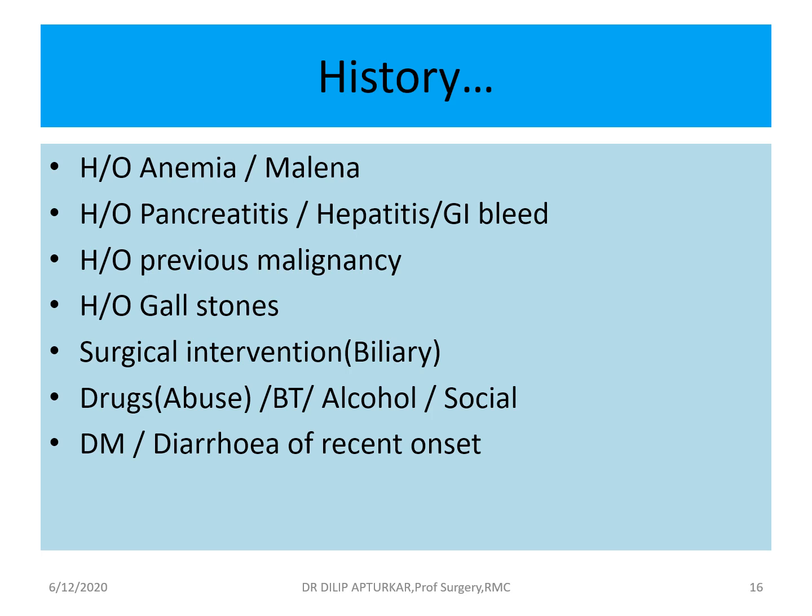biliary colic, then any surgical intervention previously done for the biliary system, cholecystectomy or any surgical procedure on the biliary system or stomach or pancreas, or any previous anastomosis done, biliary enteric anastomosis. Then again, drug abuse, drug induced jaundice, that is cholestatic jaundice, can occur.